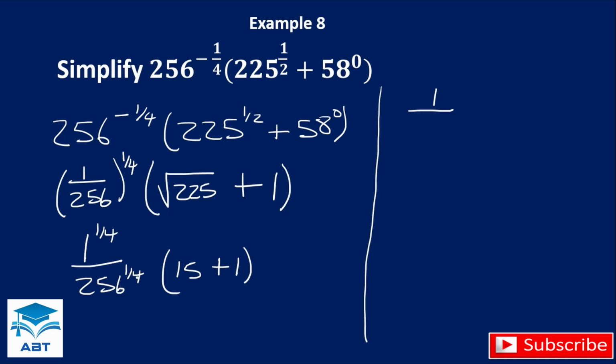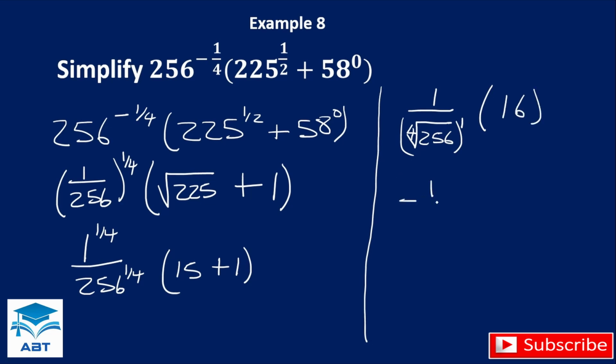256 exponent 1 over 4 can be written as, according to the fractional exponent rule, we open a root for 256, put the denominator of the exponent 4 here, and the numerator of the exponent becomes the overall exponent here. And 15 plus 1 is 16.